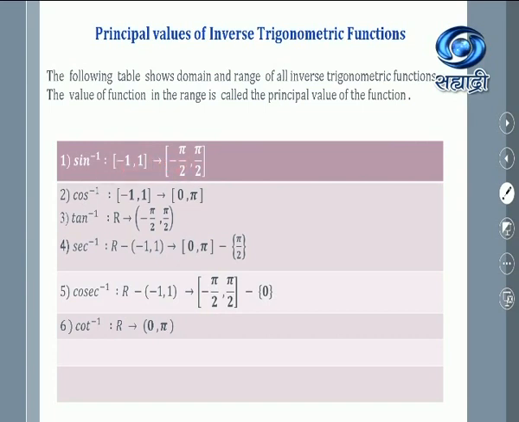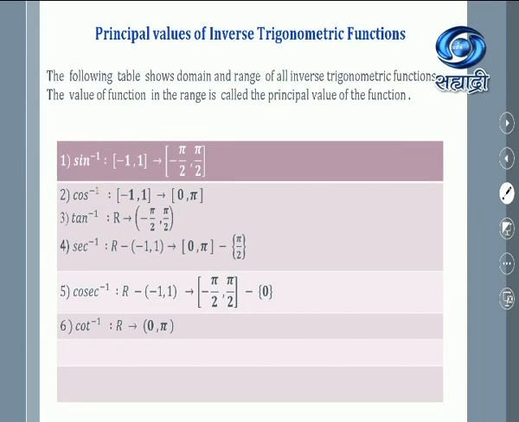This is for sine inverse. The domain of sine inverse is the closed interval -1 to 1. Now this we'll have to fix in mind. And the range is the closed interval minus pi by 2 to pi by 2. Okay?